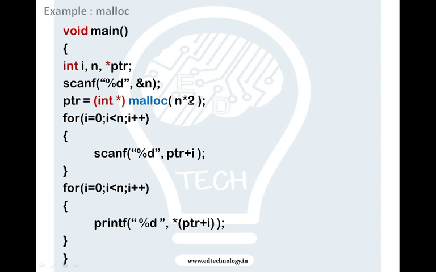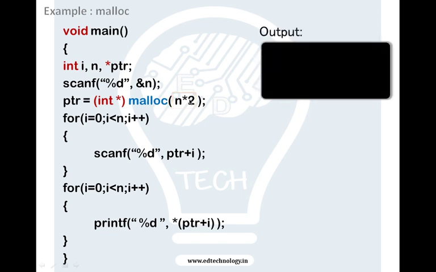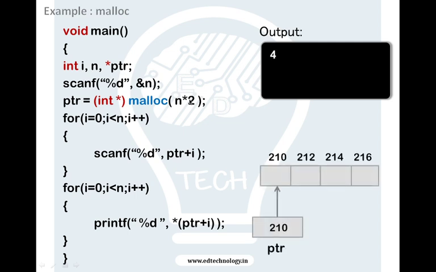Right? So let us see this. Let's say this is something which I am inserting as 5. Then n into 2 will be the total number of memory bytes. But the blocks will be 5. So let's say I am inserting 4 as the input. So what is happening? There are 4 blocks with the addresses of up to 8 bytes. So the first address is 210.